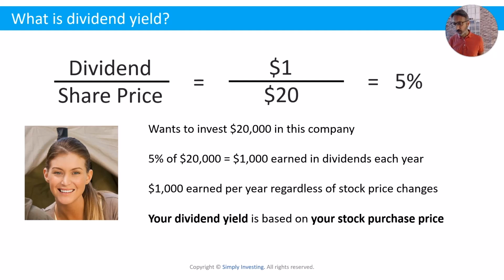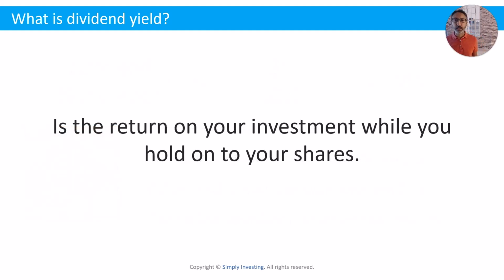So keep in mind, your dividend yield is based on your stock purchase price, not what happens to the stock price afterwards or before, but it's based on your purchase price. So basically, the dividend yield is the return on your investment while you hold on to the shares. Again, regardless of the stock price.